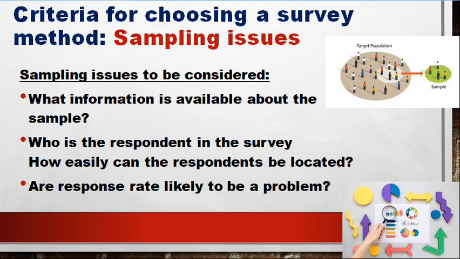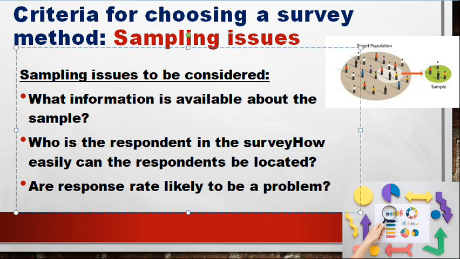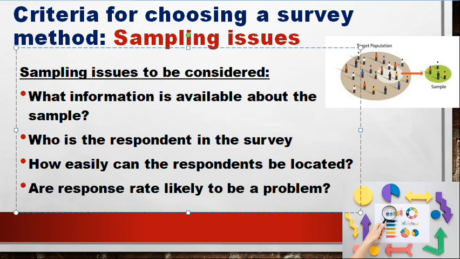Who is the respondent you want to interview? That is key. If you determine the respondent you want to interview, it will guide you to know who you will be talking to. And then how easy can you access this respondent? It may be a respondent that you will need to meet in the evening or very early.